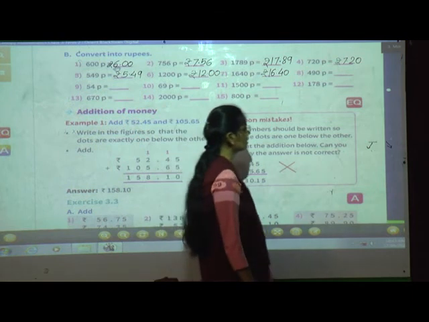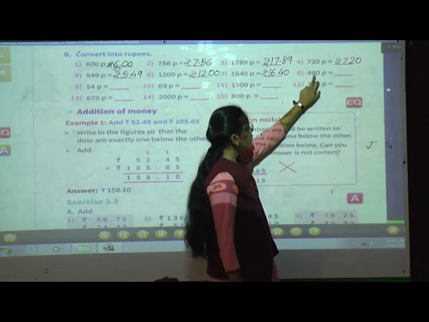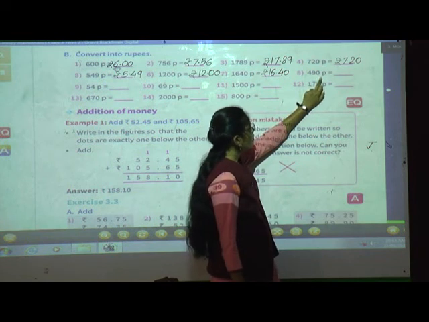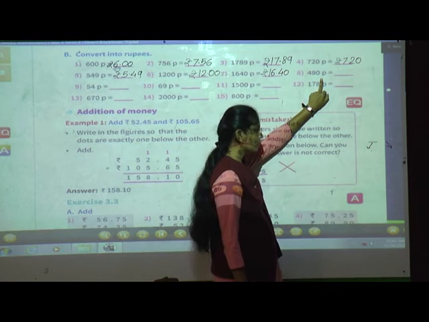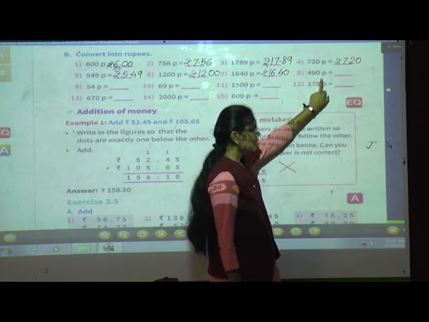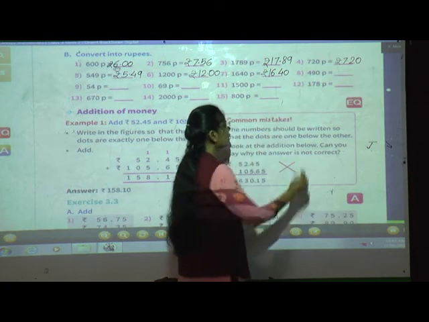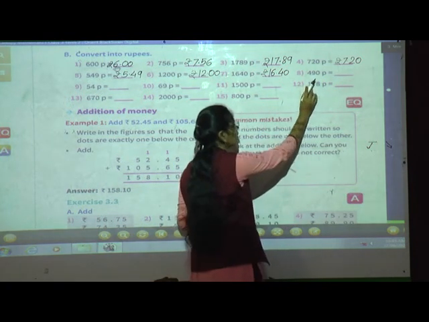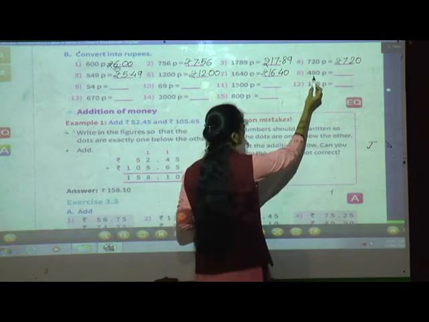Next, 490 paise. Now this is a 3-digit number. This paise we have to convert into rupees. So for that there is one rule. What is the rule? From the right side, before the second digit we have to give a dot. See this number, from the right side, which one is the second digit? 9 is the second digit.